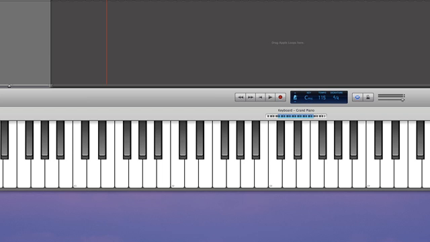So an example might be if I was playing a C blues, it might sound a little bit something like this.